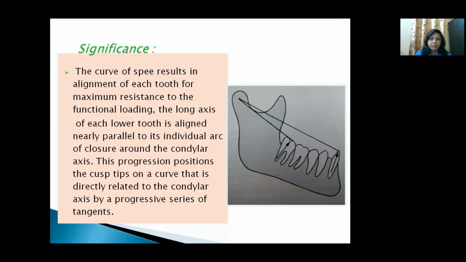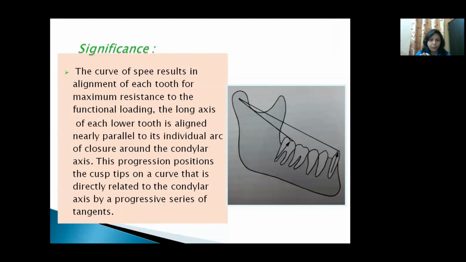It results in alignment of each tooth for maximum resistance to functional loading. The long axis of each lower tooth is aligned nearly parallel to the individual arc of closure around the condylar axis. As in the previous picture, we have seen the arc produced by this mandibular tooth alignment.